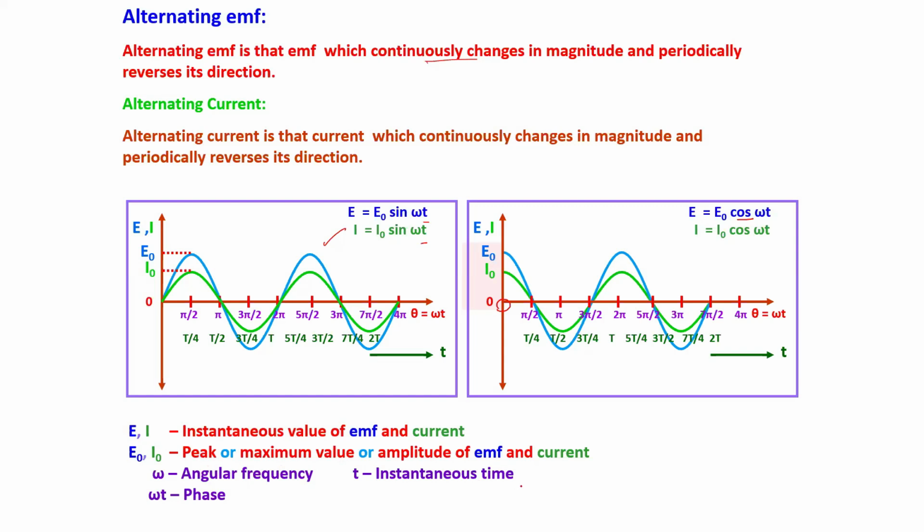Usually the graph of alternating current, alternating voltage and alternating EMF is represented using a graph of omega t and the instantaneous values of EMF and current. Now we are going to see what the symbol of an AC source looks like. So this is the symbol of an AC source.